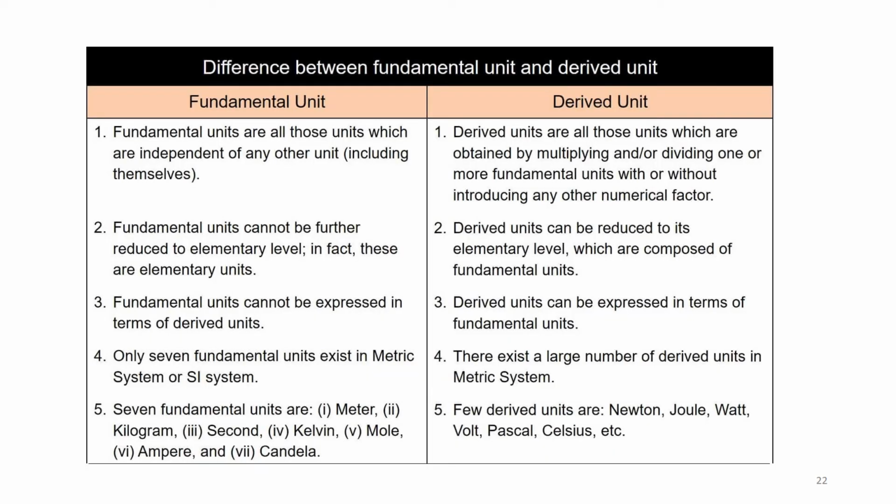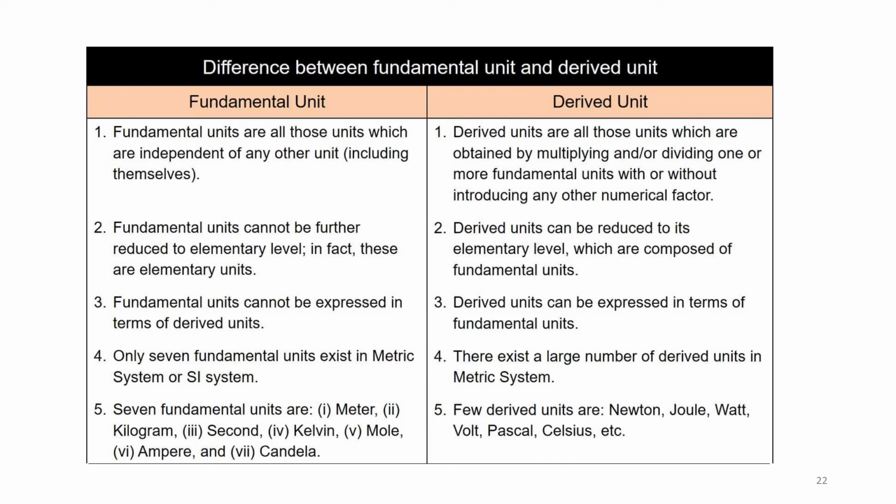Difference between fundamental and derived unit. এখন আমরা ডিফারেন্সটা পড়ব ফান্ডামেন্টাল আর derived unit-এর. Fundamental unit. Number 1. Fundamental units are all those units which are independent of any other unit, including themselves.